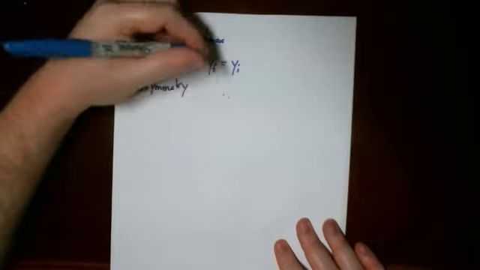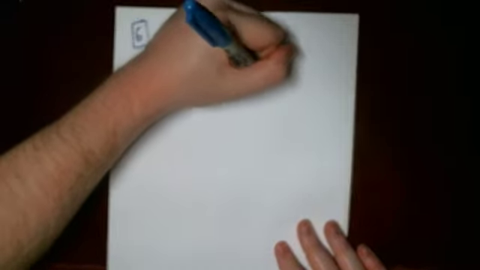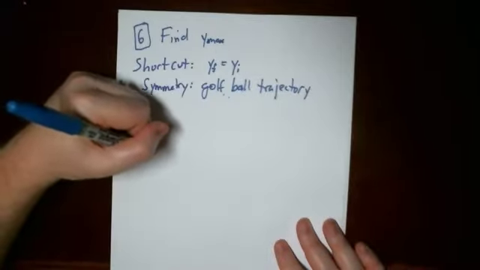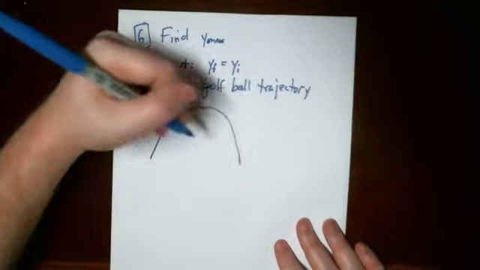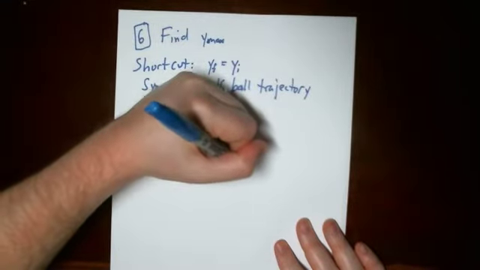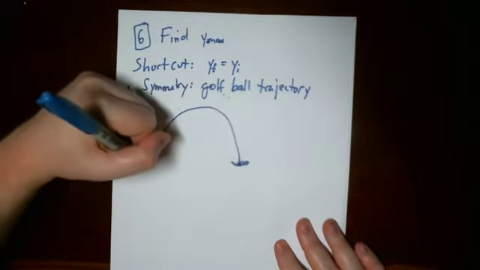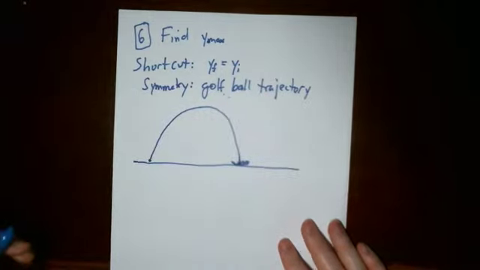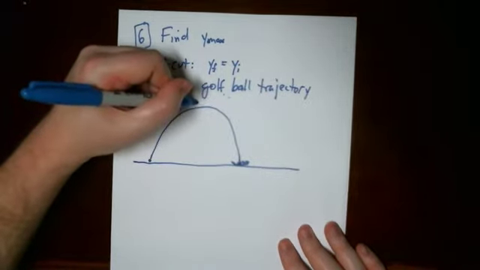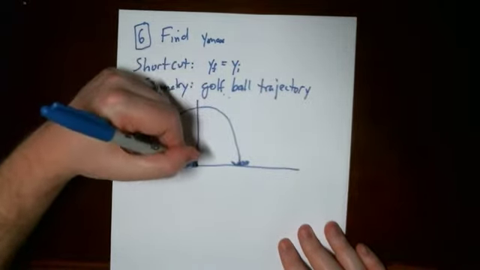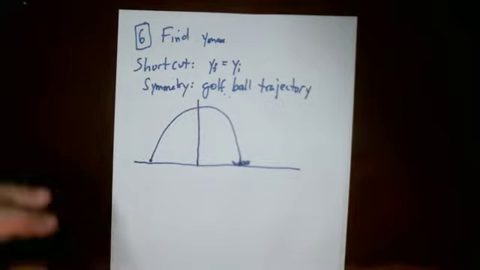Because the trajectory of the golf ball will look like this. Here's where it hits the ground. It'll just be a nice parabola. And so that means that when it's at its maximum height, it's at half its flight time.